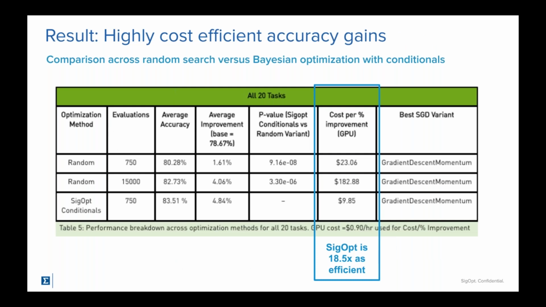Furthermore, when you start to break this down to not only which method was able to get to the best overall accuracy, but you start to think about what was the compute and time costs associated with getting to that accuracy, you can see that these more intelligent methods start to really separate themselves. So not only is this about getting the best result, but it's about getting the best result in as little wall clock time and with as little compute time as possible.